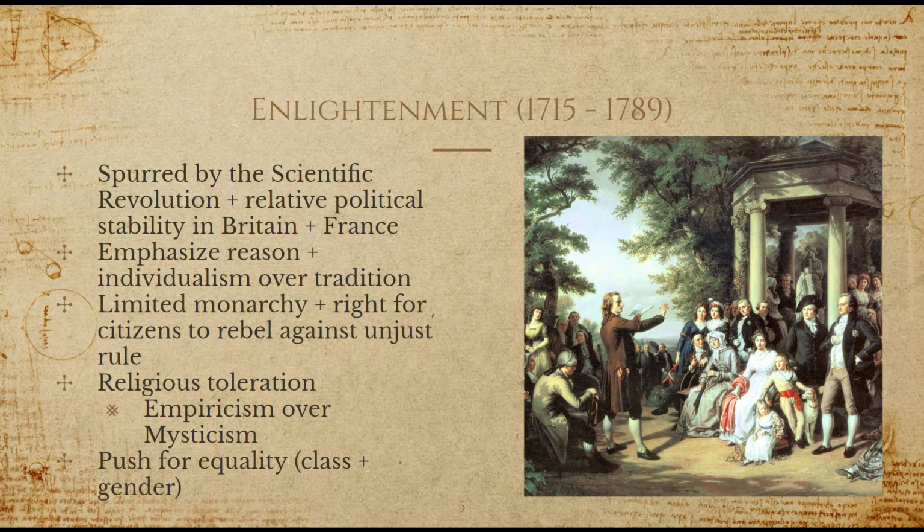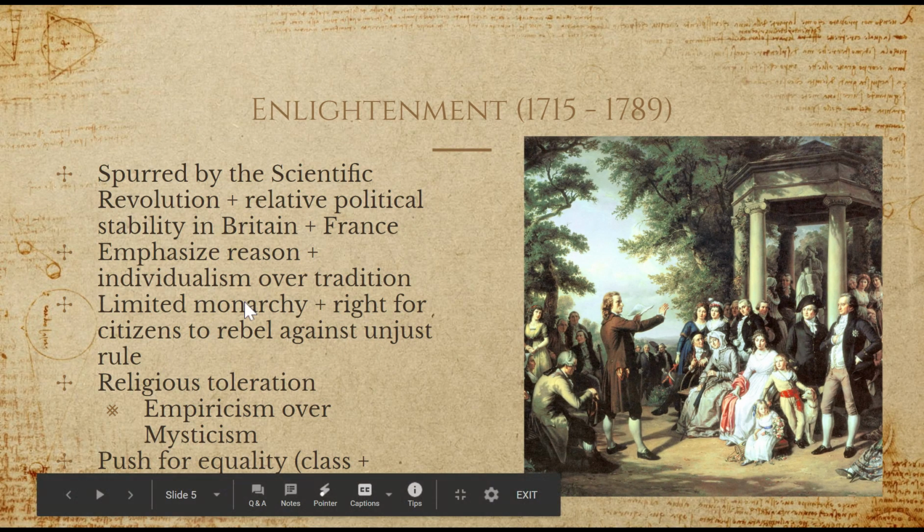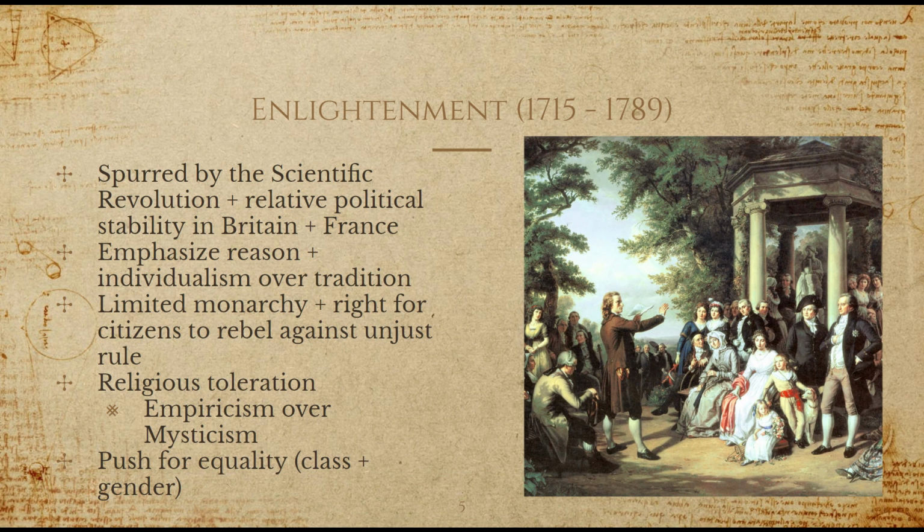So it's like, how should we live our lives? How should we organize our government? What the enlightened philosophers generally do is emphasize reason rather than emotion, and individualism over tradition.